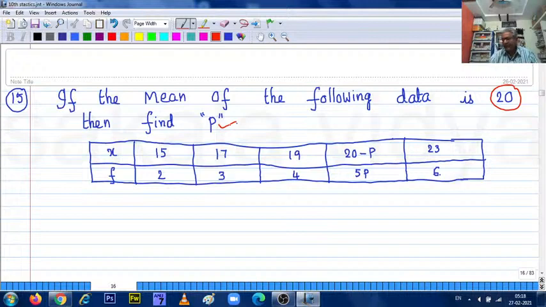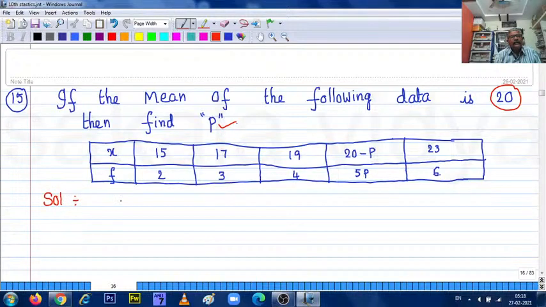So how could you find it? In a very simple manner we can find it using fi into xi and sigma fi. Sigma fi means the total frequency, which we need to find out. Then equate it to the mean, that is 20. So now we do the solution like this.